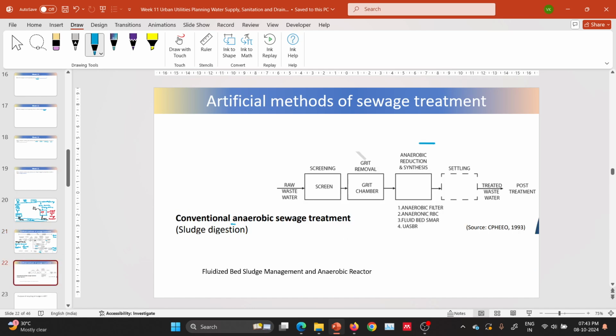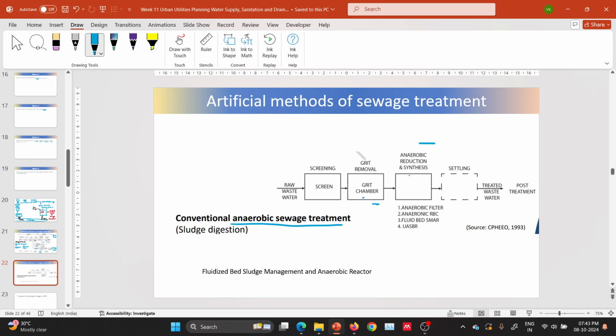In the conventional anaerobic sewage treatment, we don't need a primary sedimentation tank. You can see after the raw waste, after this grit chamber, why are we removing grit? Because grit is inert in terms of biological activity. The grit means sand and some heavy inorganic particles are removed in the grit chamber.